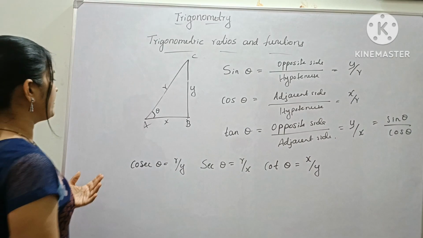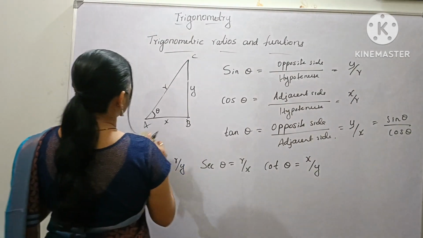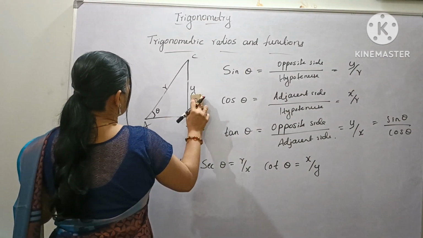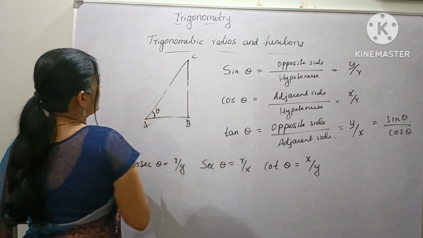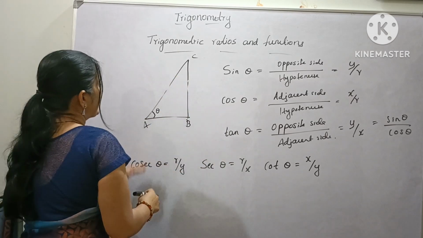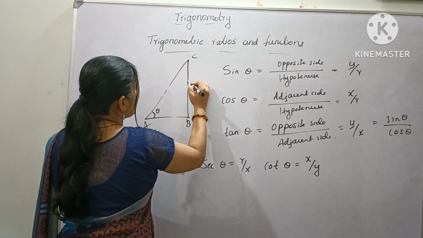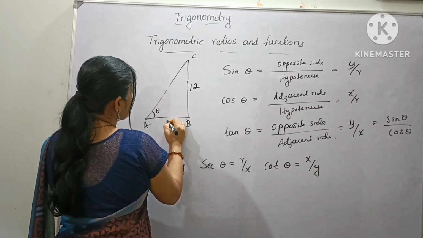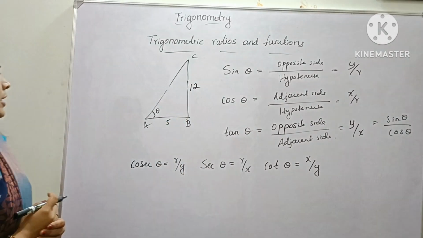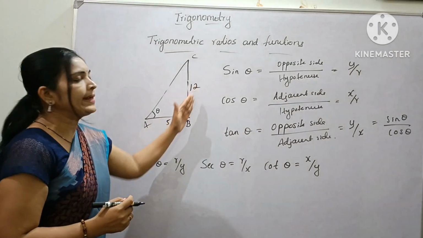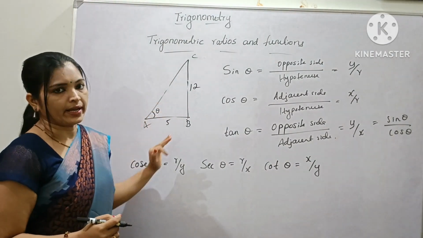Let us go through an example. Here two sides are given, 12 and 5, of a right angle triangle.